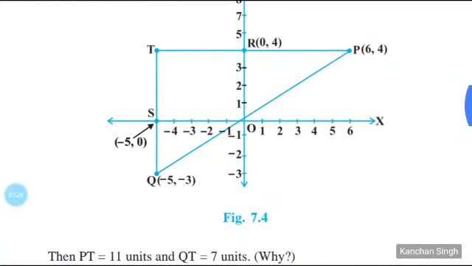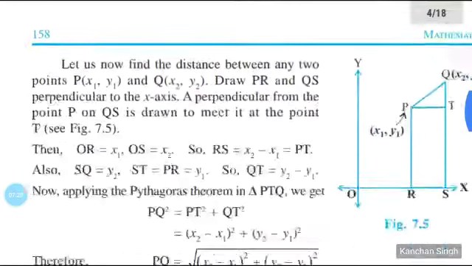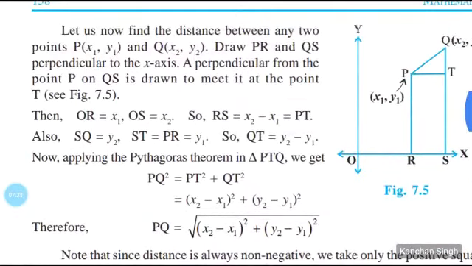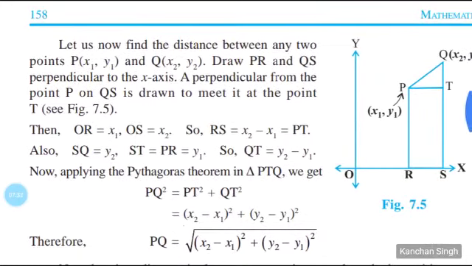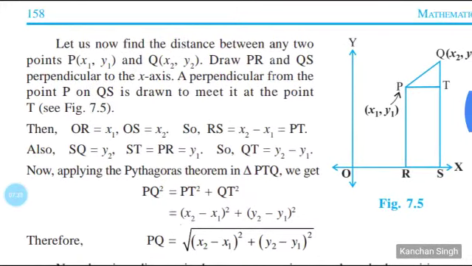Similarly, we can extend this and find the general value. Finally, we will use this formula to find the distance between the 2 points we have considered, (x1, y1) and (x2, y2).